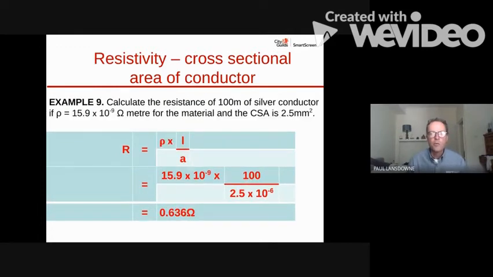And the last example is 100 meters of silver conductor, which has 15.9 resistivity. And we measure that, and it's 2.5, and we do exactly the same calculations. So we'll go through those in that manner, and we go through those examples.